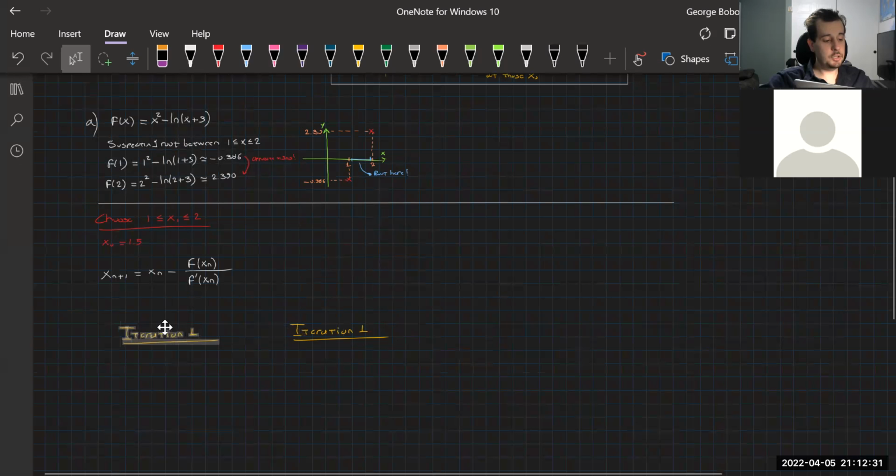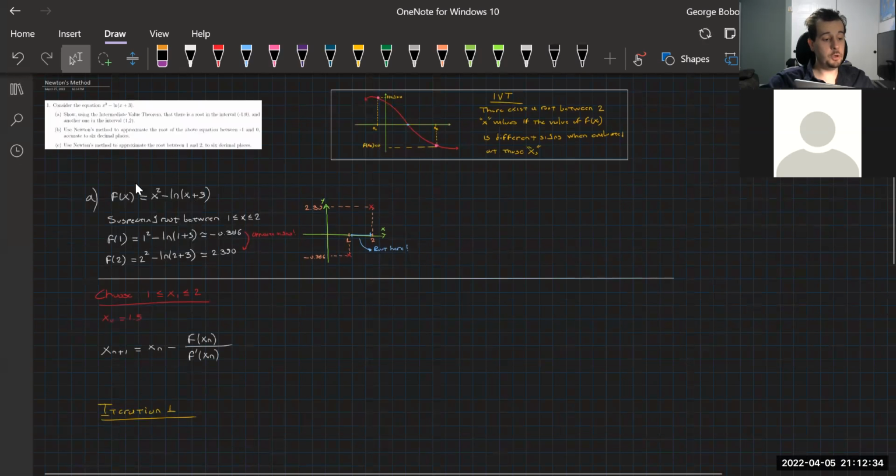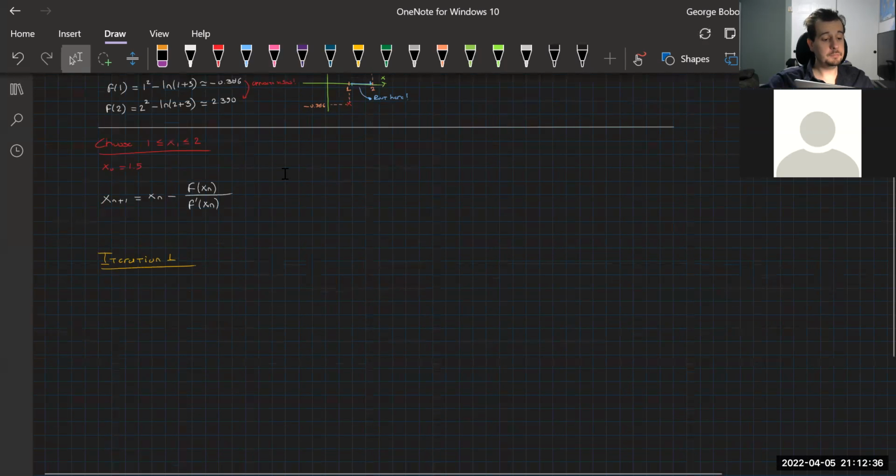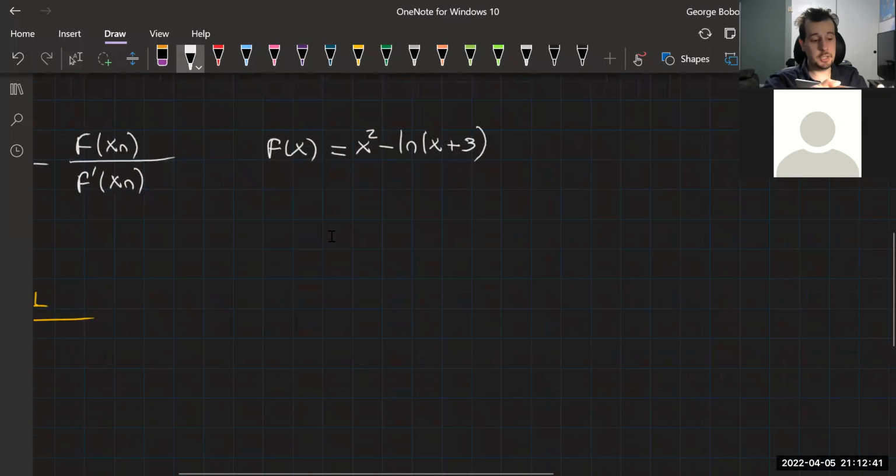We need, again, the derivative and the function. The function is this. Can we differentiate it? And I hear you, Kelly, differentiate this.